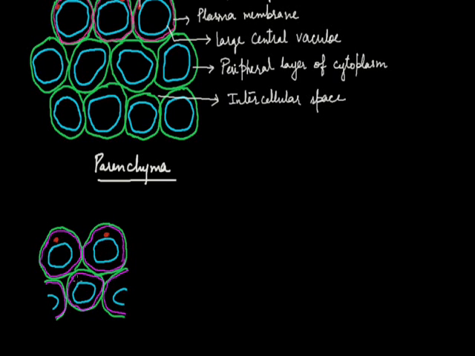Besides the nucleus, this cytoplasm also contains numerous organelles called chloroplasts, which are mainly concerned with photosynthetic function.